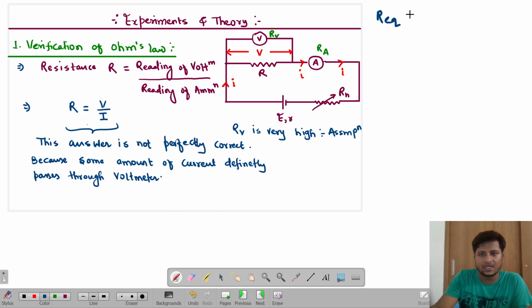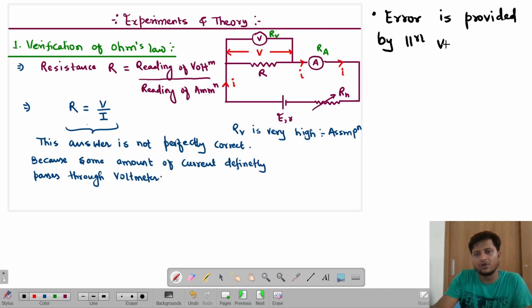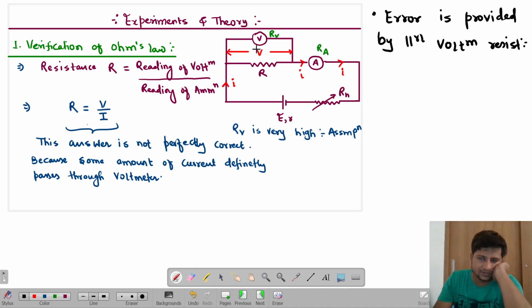The error is provided by the parallel voltmeter resistance. Isn't it? This parallel voltmeter resistance is creating some error over here. Now, as I have got this parallel resistance, I can calculate R equivalent parallel. It is equal to R into RV divided by R plus RV.